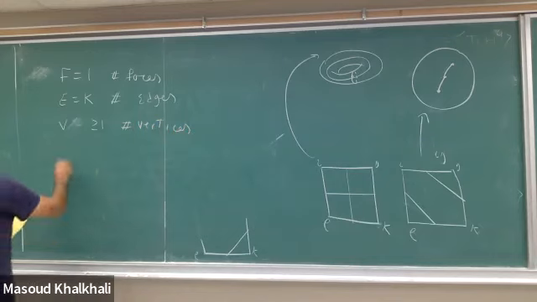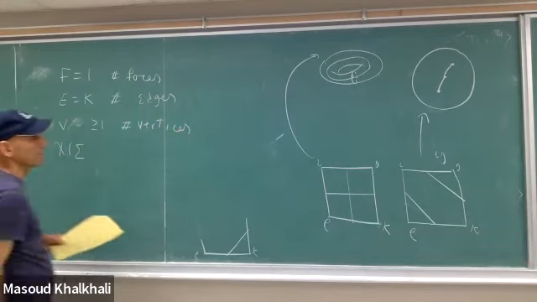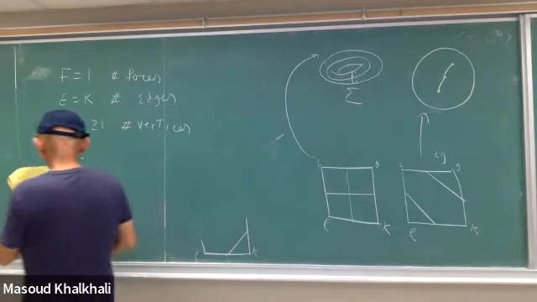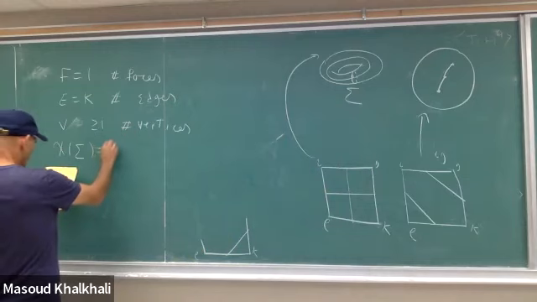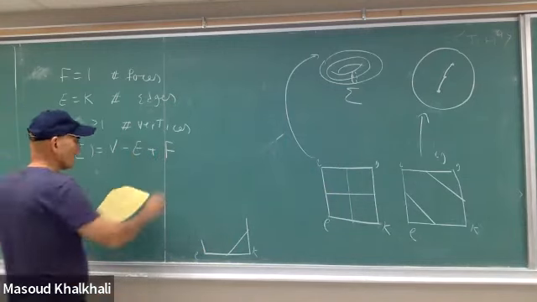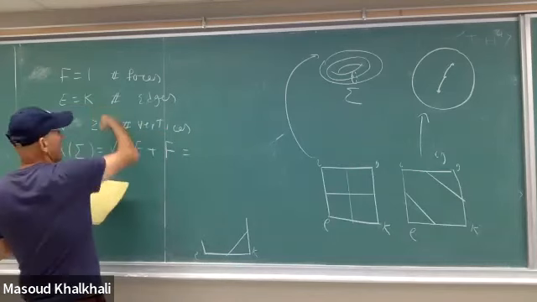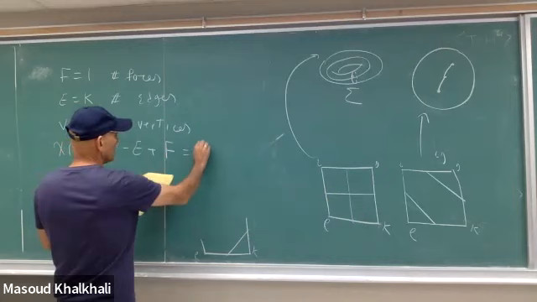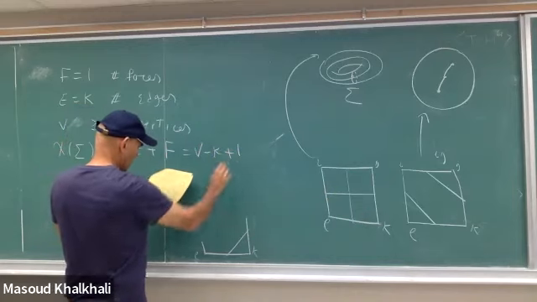So Euler's great formula is that the Euler characteristic of this surface sigma is going to be given by the number of vertices minus edges plus faces. Using this data that you start from the graph, you get V minus K plus 1.